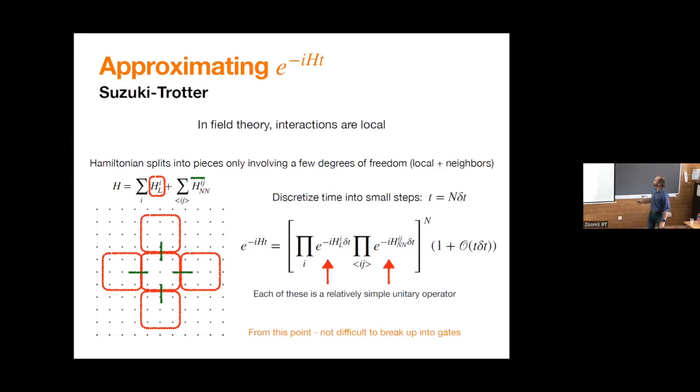When you do this in a field theory, this is particularly nice because field theories are local. So when I write down my Hamiltonian, it's only a sum over terms that are acting on one single space-time point, with nearest neighbor type interactions, okay?